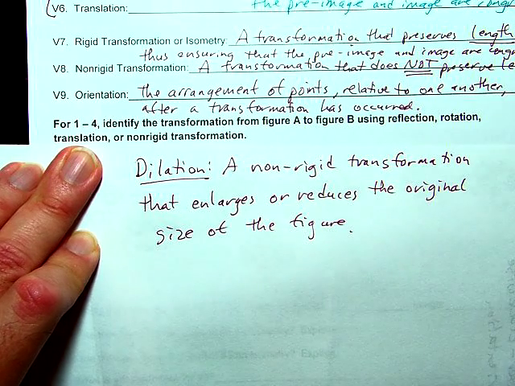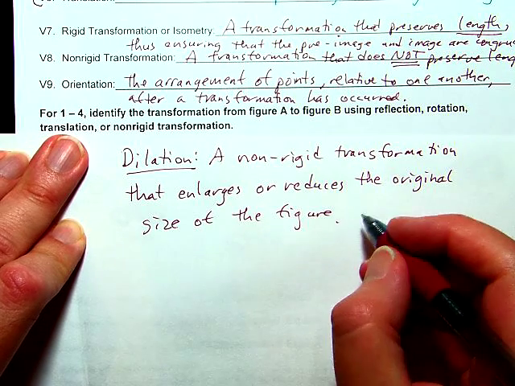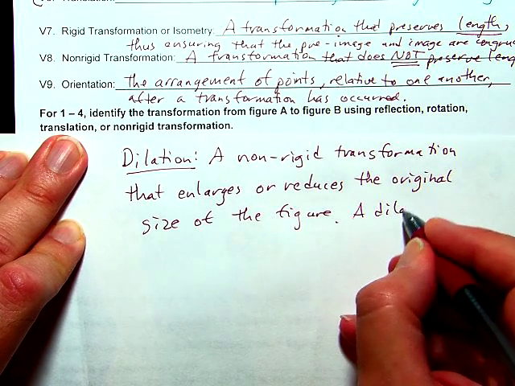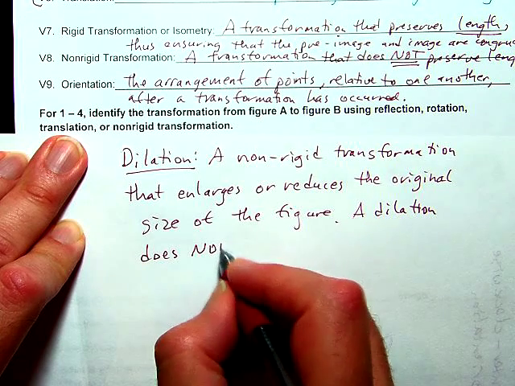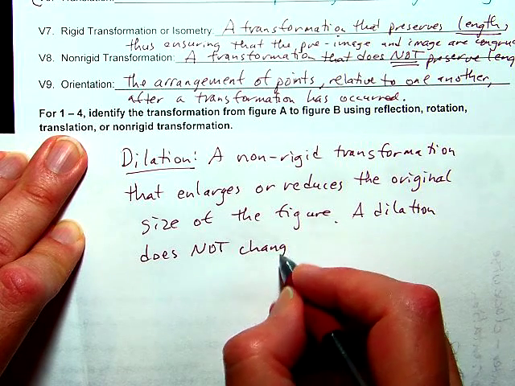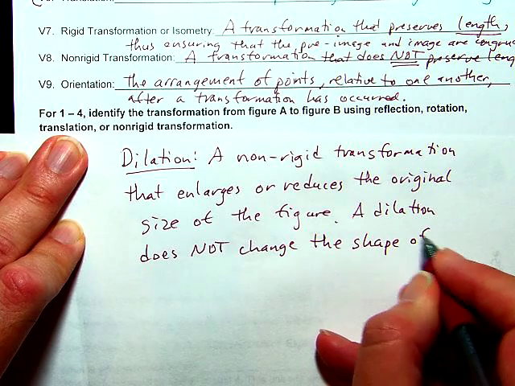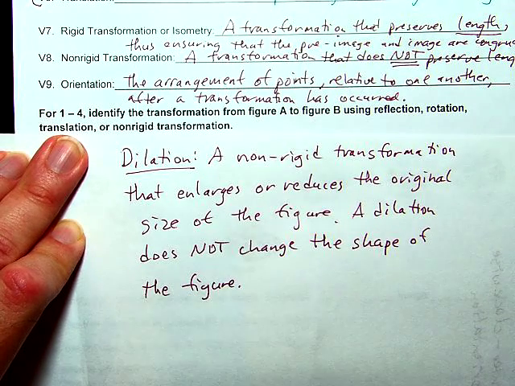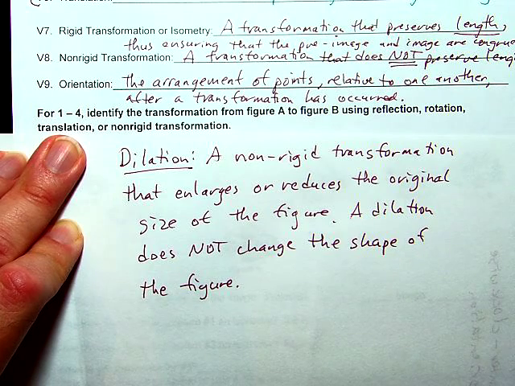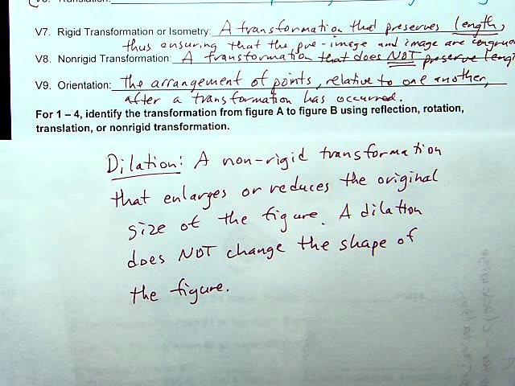So a dilation enlarges or reduces the original size of the figure, but a dilation does not change the shape of the figure. So it may cause it to grow or to shrink, but the actual shape of the figure stays the same. Okay, in the next video we will continue.